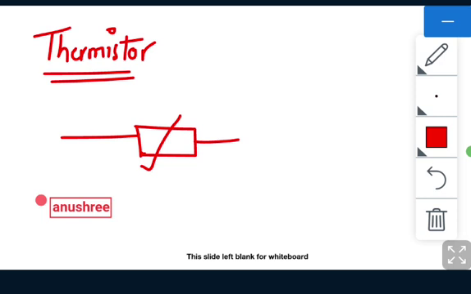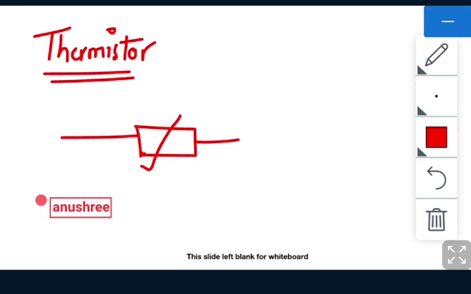Yes. I've written that down as well. Yes, that's it. So that's pretty much all on thermistors.